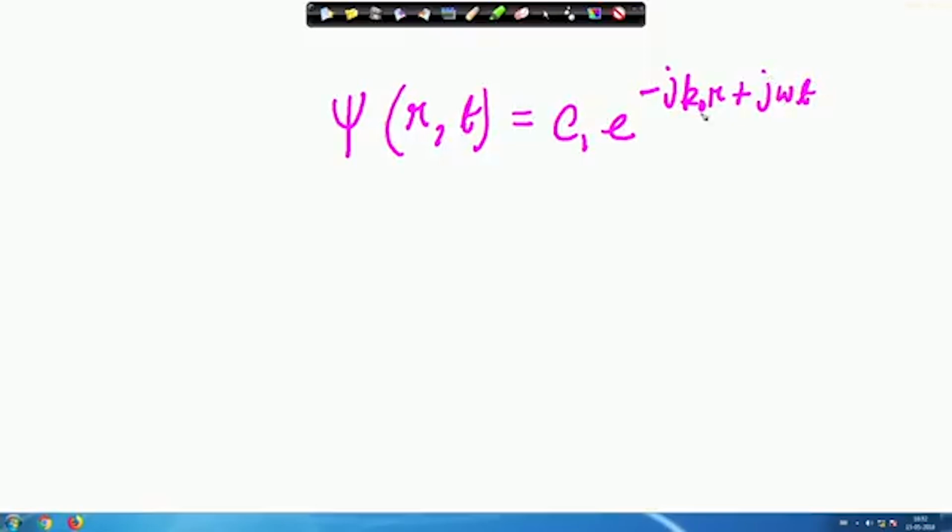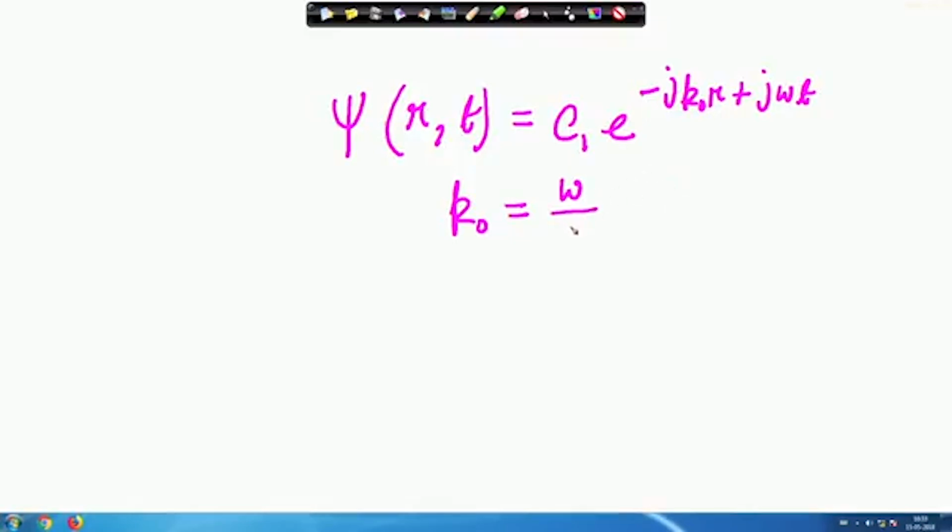And if you recall, when we defined the wave number, we said k naught is equal to omega into square root of mu naught epsilon naught for free space.